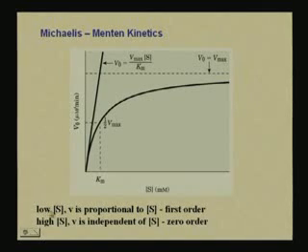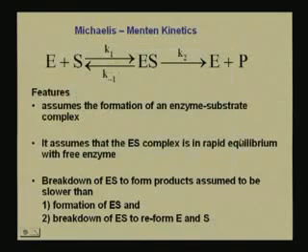When we consider the low substrate concentrations, the velocity is proportional to substrate concentration, where we have a first order reaction, and at high S it becomes 0 order, independent of the amount of substrate that you add, because there is limited capacity for the enzyme to take in the substrate to form the enzyme-substrate complex.